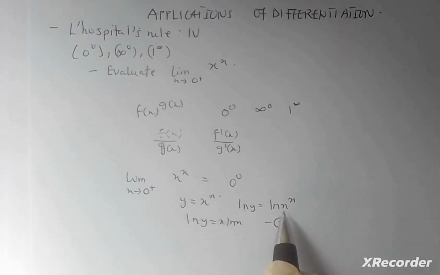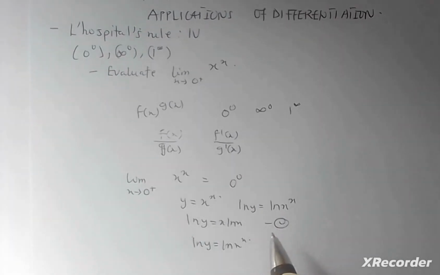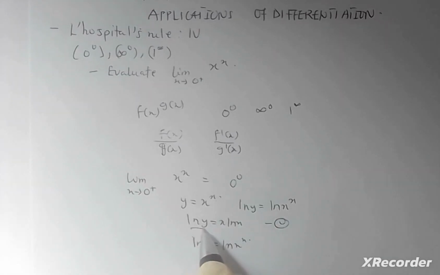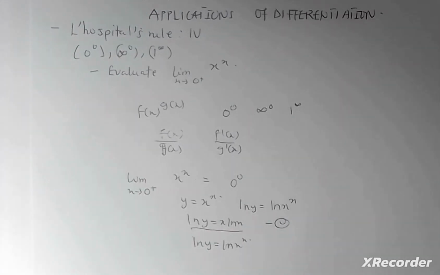From this expression, I'll say that ln y is equal to ln x to the power x, as I have here. So once I get my equation 1 as I put it down like this, the next thing is I'm going to apply limits.